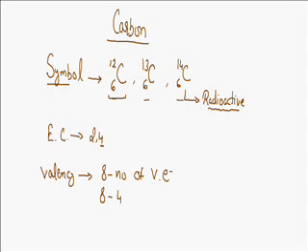So valency will be 8 minus 4, and the valency for carbon is 4. Those elements which have valency 4 are termed as tetravalent elements. So carbon is again an example of tetravalent elements. Carbon is a tetravalent element.